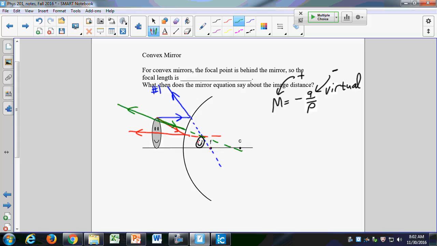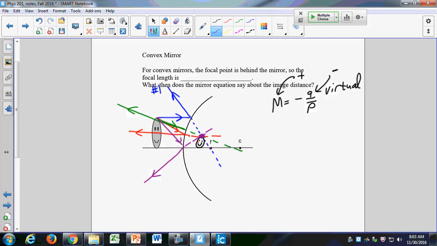And then if I trace that reflected ray back on itself, then it goes through this point right here. So all three rays will converge there. I can do the fourth ray too. I'll just do it because the fourth ray comes here and then goes here. And if I trace it back, they all cross at that point, where the image is.